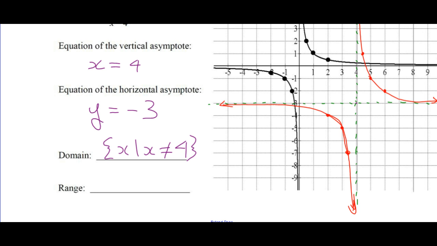The domain is x cannot equal 4. And what's the range? Kind of the same deal. The asymptote is y equals -3, so the range is that y cannot equal -3.